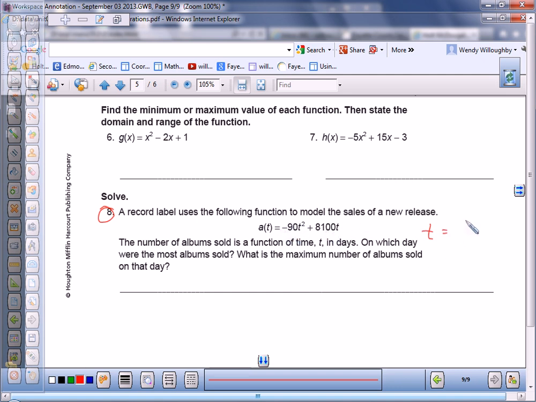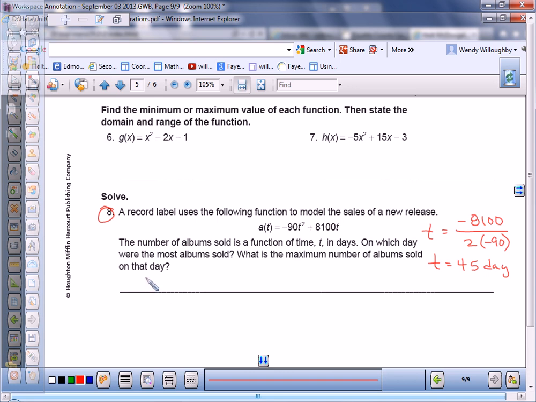And when we do negative 8,100 divided by negative 180, we get that t is equal to 45, which in our case would mean 45 days. So that means we sell the most albums, because that's our maximum point, because this one opens down, 45 days after the release of the album.